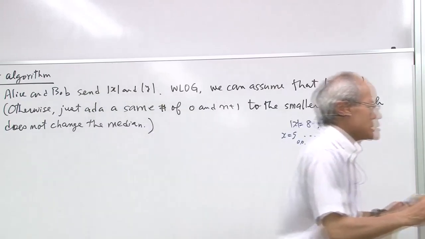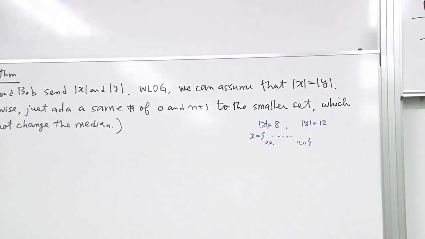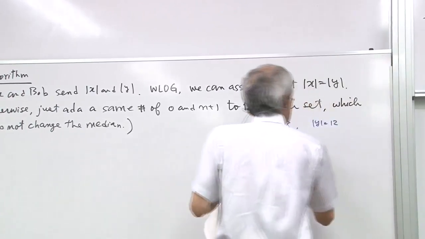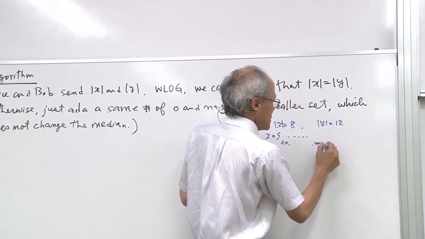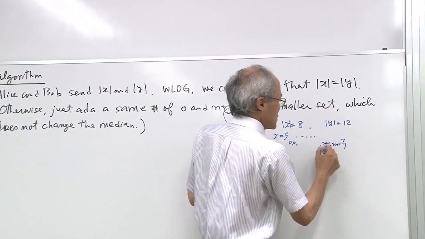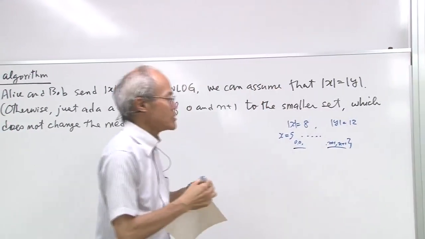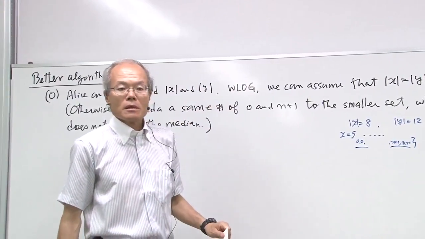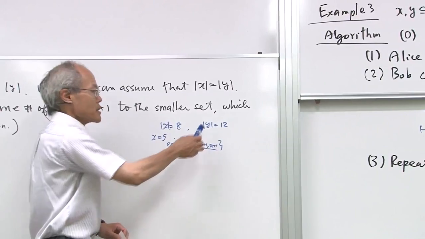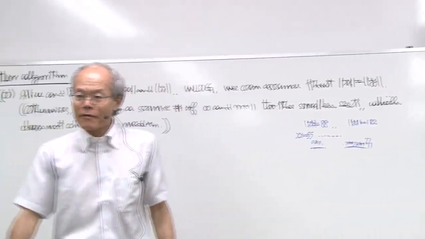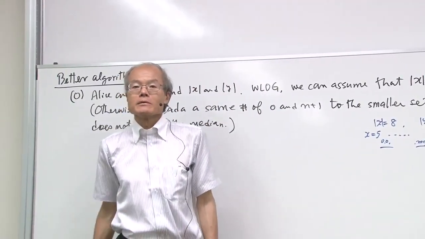Maybe 10 is a little bit too small. Anyway, we have 2 zeros and 2 n plus 1s. Then the size of x becomes 12. It's the same as the size of y. And of course, the median does not change, right?